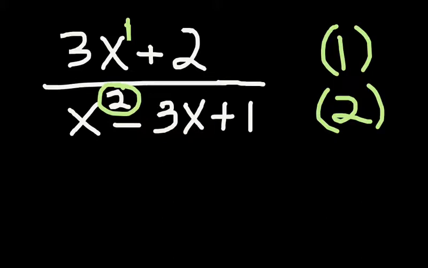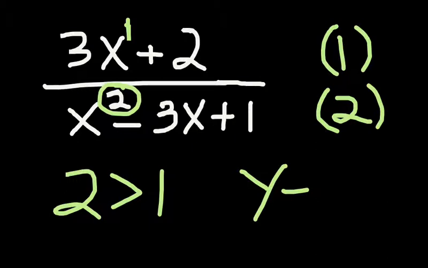When the degree of the denominator is greater than the degree of the numerator, as it is here, 2 is greater than 1, then this function has a horizontal asymptote of y equals 0. It will always be 0 when the denominator's degree is bigger. This function has a limit, we say, of 0. Its graph has a horizontal asymptote, y equals 0. In fact, the horizontal asymptote is the x-axis if we draw that graph.